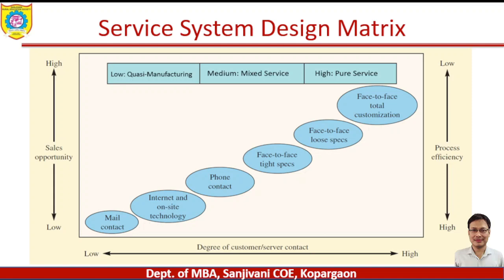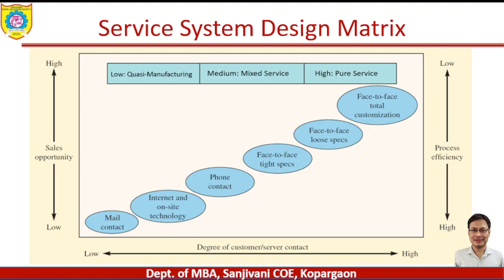And as we move up on the diagonal from left to right, from low to high customer contact, we see that we have services like mail contacts, which is very low customer interaction or contact.